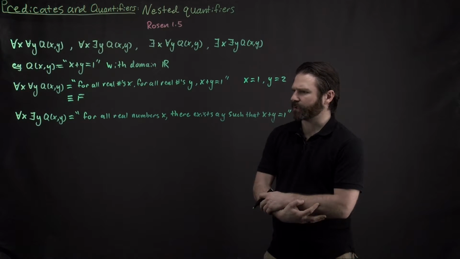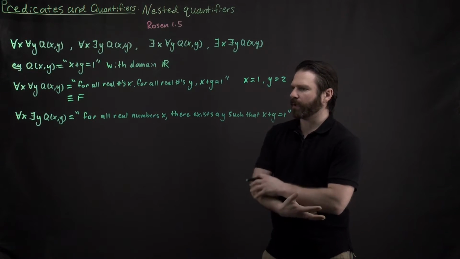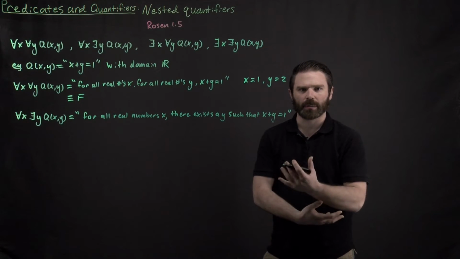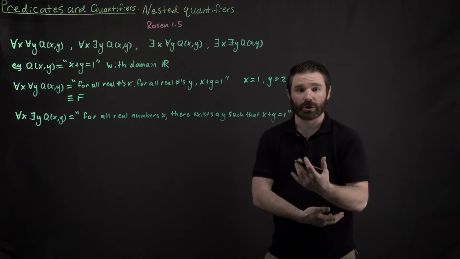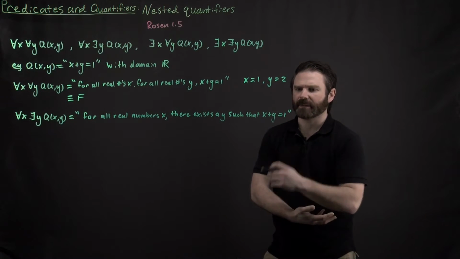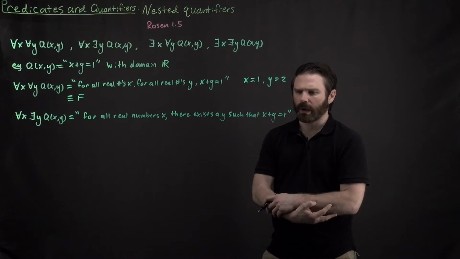Okay, is this a true statement or not? For all real numbers x, so I have to start with an arbitrary real number x, there exists a y, so then I have to go searching for a y that satisfies x plus y equals 1.